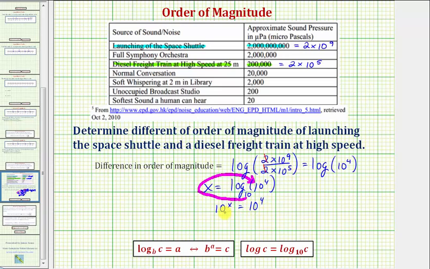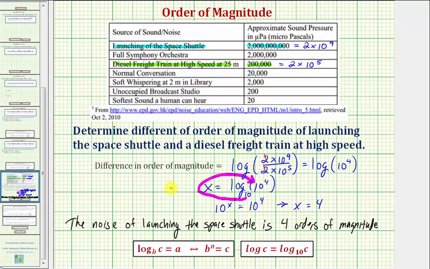And notice how here, because these are equal and the bases are the same, the exponents must be equal, and therefore x equals 4, which tells us the noise of launching the space shuttle is 4 orders of magnitude greater than the noise of a diesel freight train.